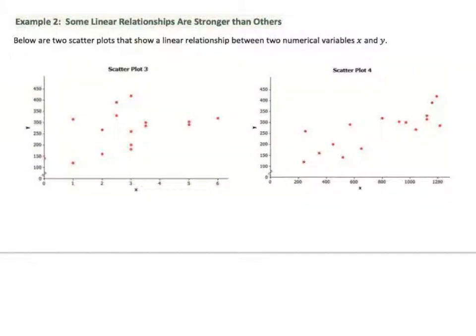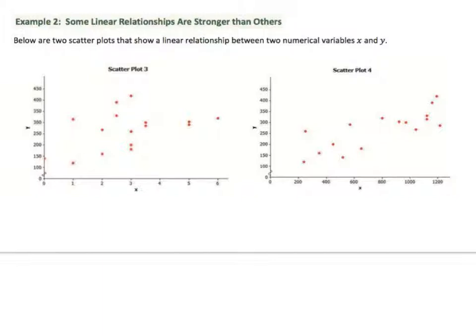All right, moving on to example 2. There are 5 examples just to prepare you. Below are two scatter plots that show a linear relationship between two numerical variables x and y. Okay, if I look at question number 5, it says, is the linear relationship in scatter plot 3 positive or negative?